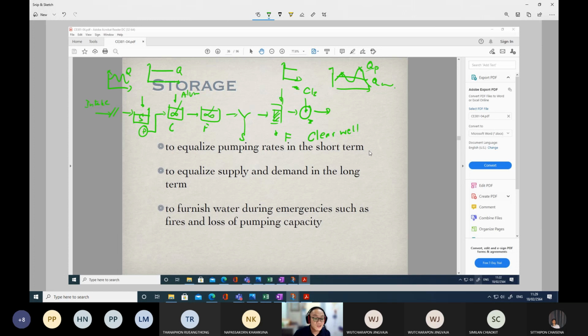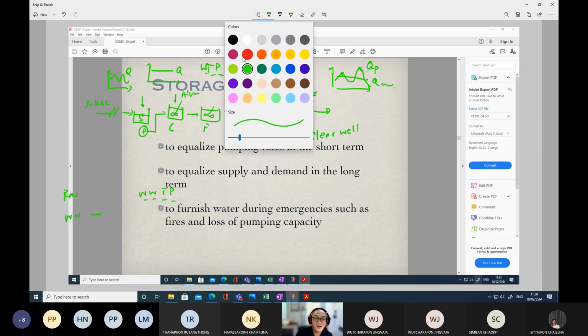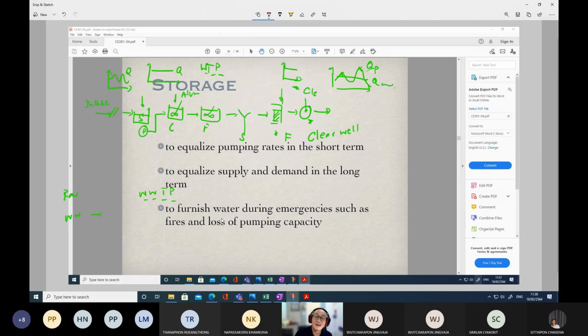Talking about the wastewater treatment plant, wastewater from the community gets into the wastewater treatment plant, WWTP. This one is the WTP, the water treatment plant. This one is the wastewater treatment plant. Raw wastewater gets into the wastewater treatment plant.